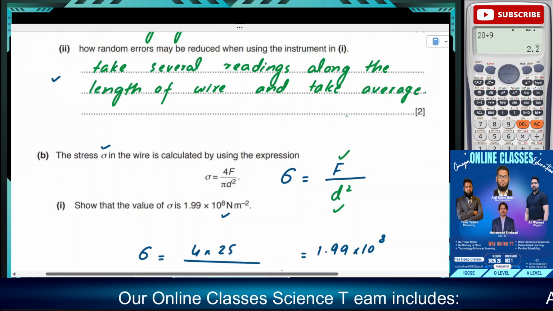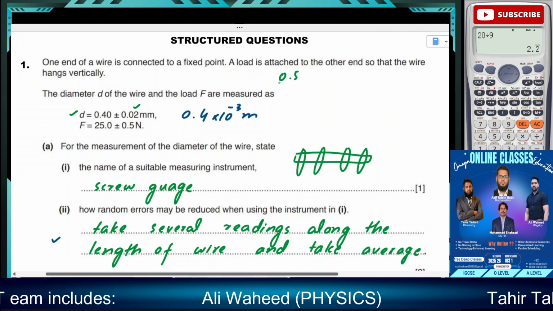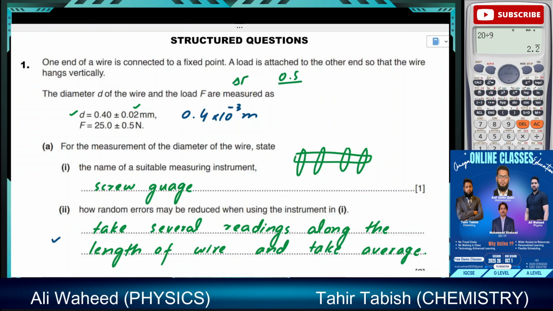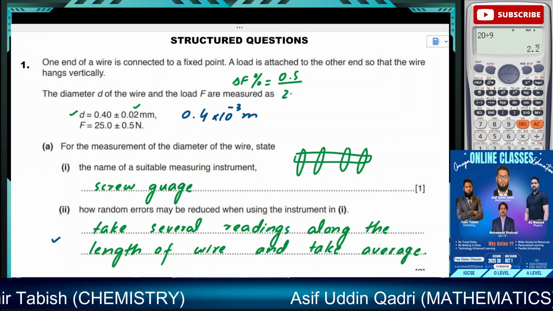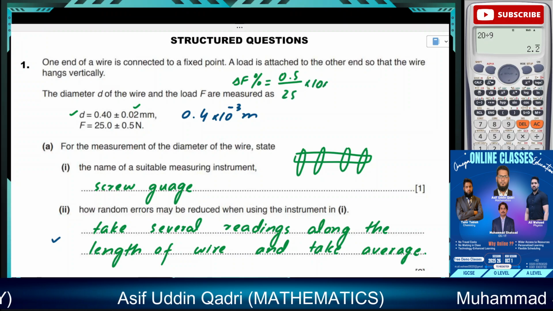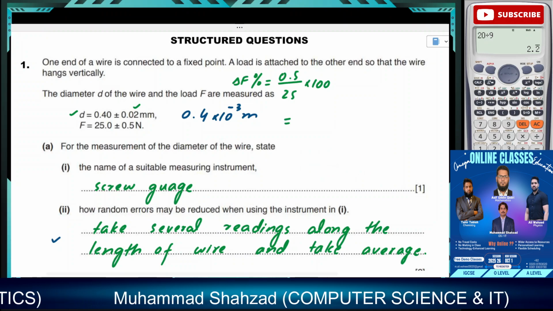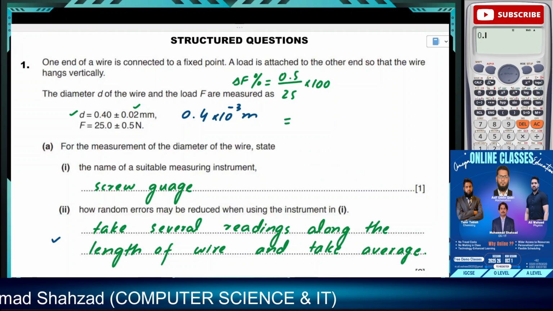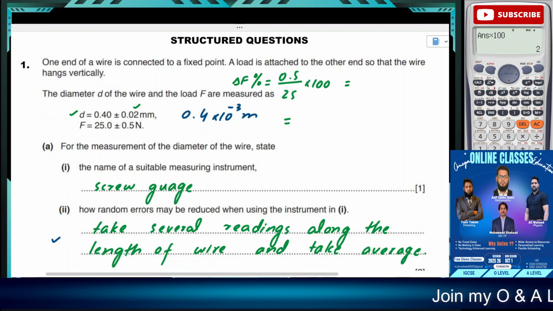So what is the percentage in F? Let's find it. 0.5 divided by 25 times 100. That is the percentage in F. So 0.5 divided by 25, whatever the answer is, times 100, 2%.